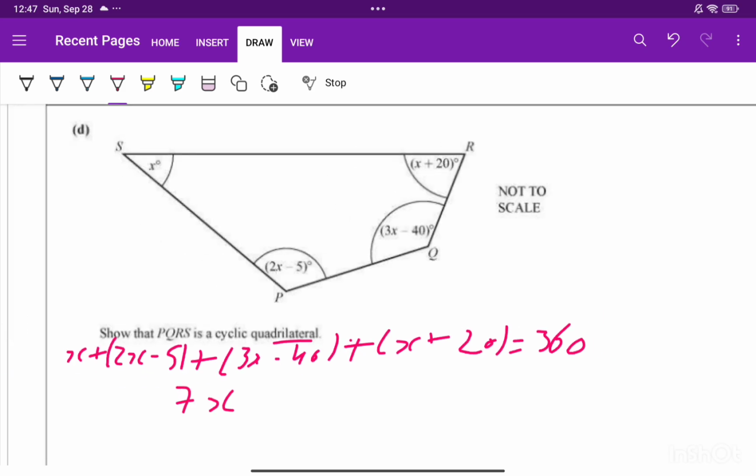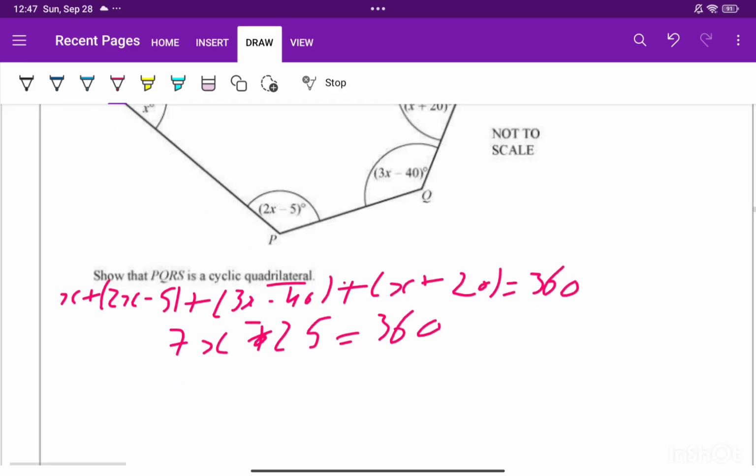So 7x minus 25 equals 360. So x will be equal to 55.